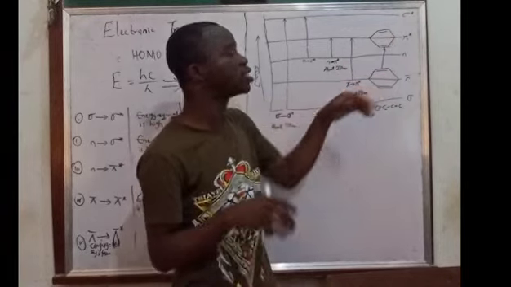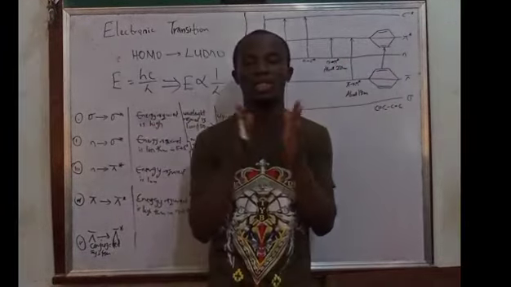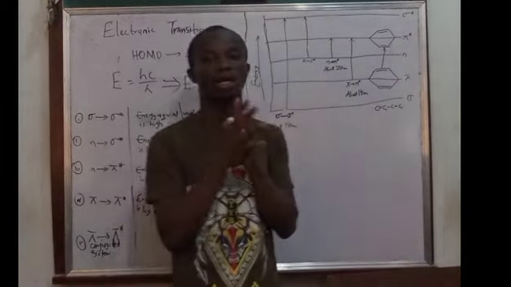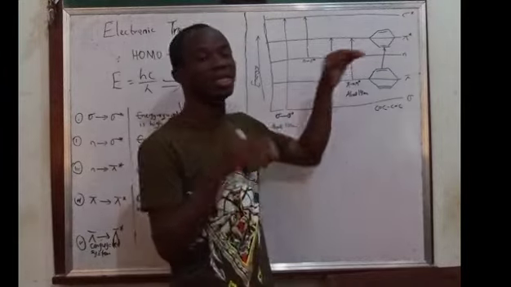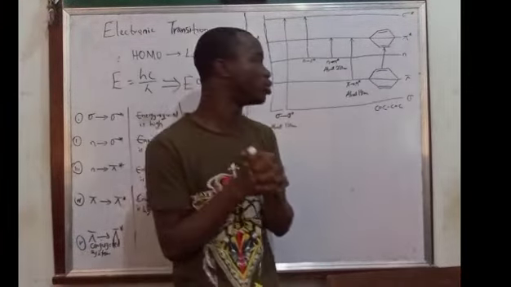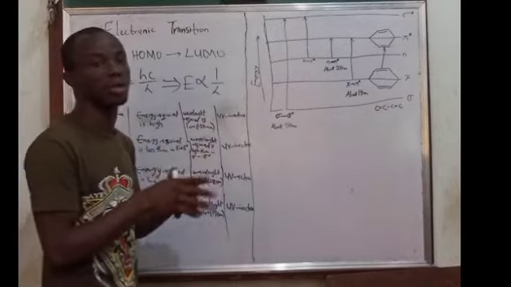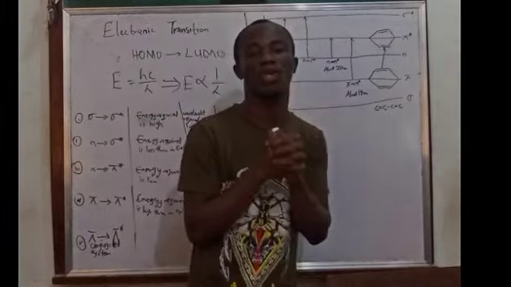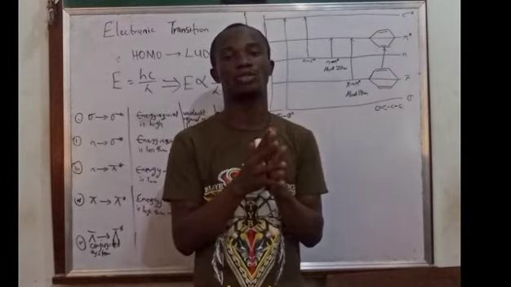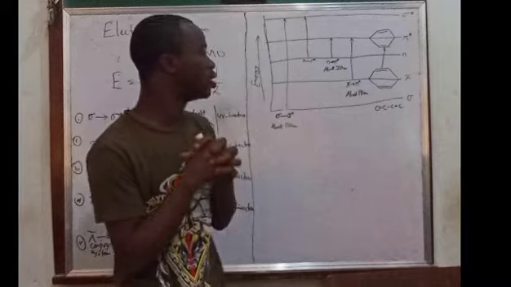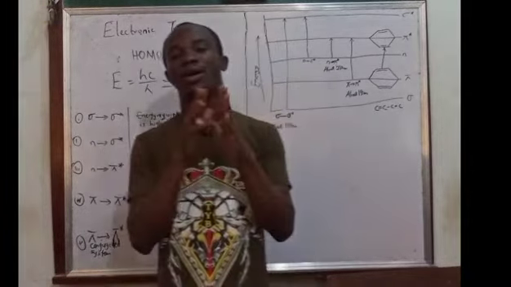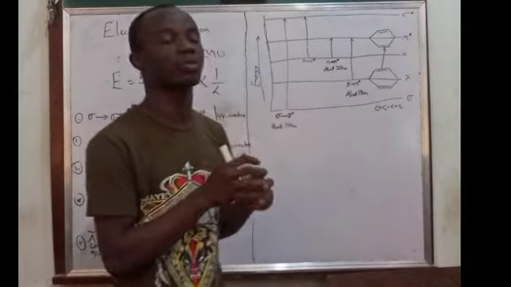The reason we have this is because of the interaction between the two conjugated double bonds to form a hybrid orbital, which in a way reduces the energy required for electronic transition. So in a conjugated system, the energy required for transition of an electron is much lower compared to when you don't have a conjugated system, and that implies that light of higher wavelength will be required for this particular transition.